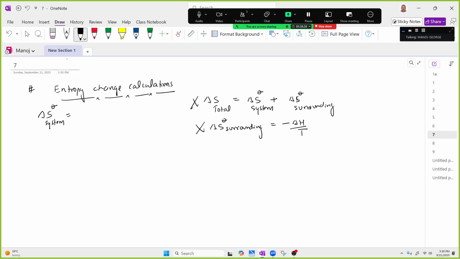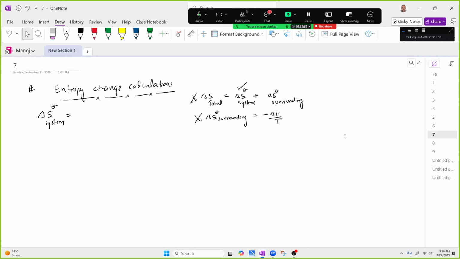This is the only one in A level. Have you first of all understood? So when you look at all these beautiful formulas in any resources that you have, please understand that for your A-level chemistry, what you need is only the system formula, but I have written the other formulas which are good for your entrance examination. So S total is system plus surrounding, and this is the formula to find surrounding, minus H by T. In A-level Cambridge it is only system.